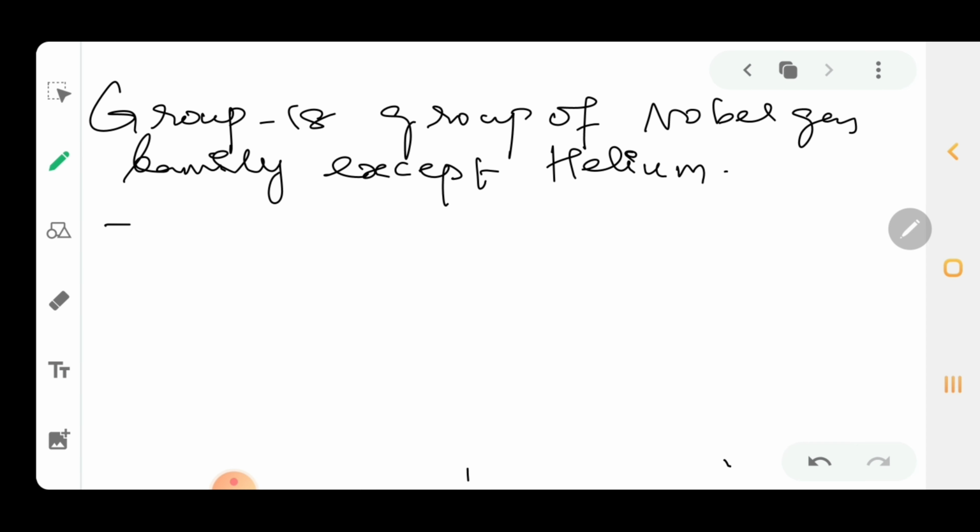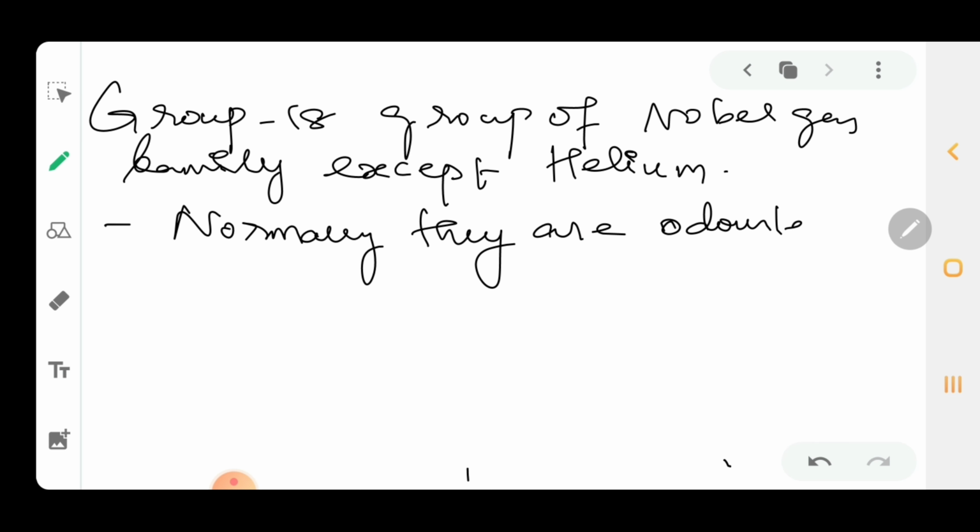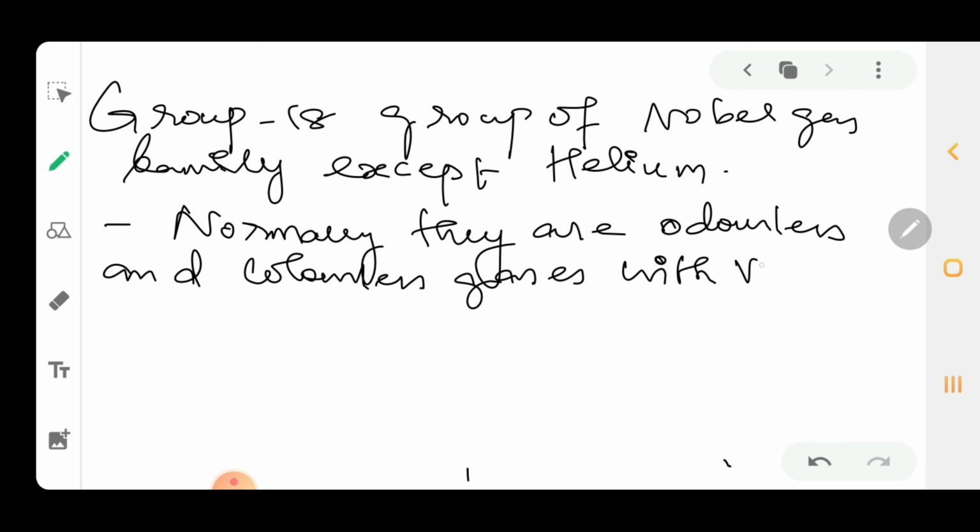And if you see this group, normally they are odorless and colorless gases with very low reactivity.